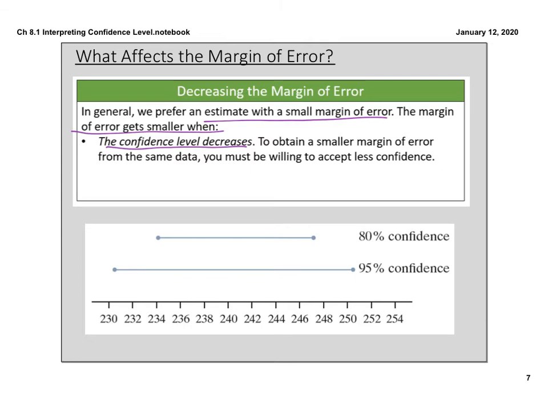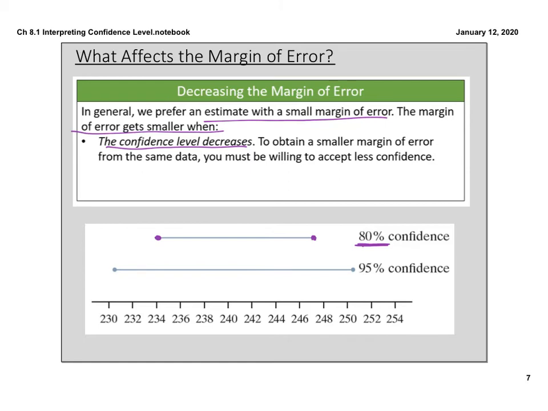So if we are only 80% confident that it captures our true population parameter, then our interval is going to be a lot smaller. Okay, we're only 80% confident that it's in this interval, but that gives us a smaller interval. So the confidence level went down, but our interval got smaller.